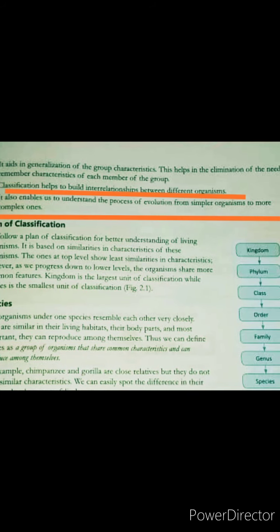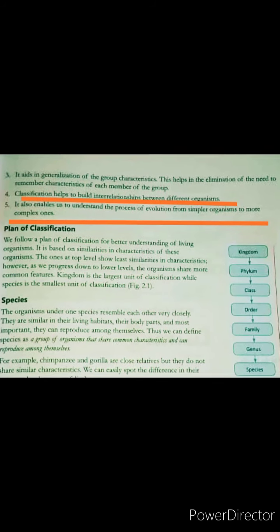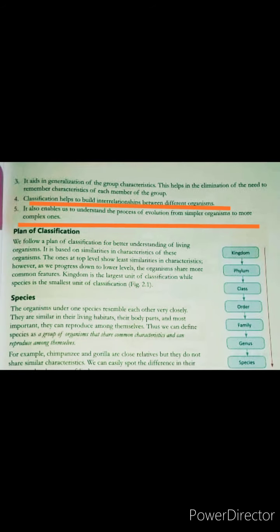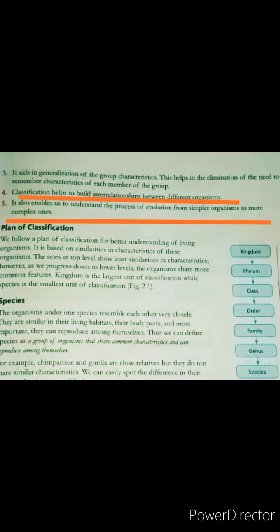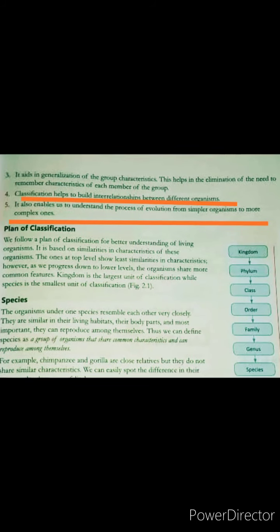It helps us to understand the process of evolution from simple organisms to more complex ones. And the next one is the interrelationship between different organisms, or establishing a relationship between closely related groups of organisms.